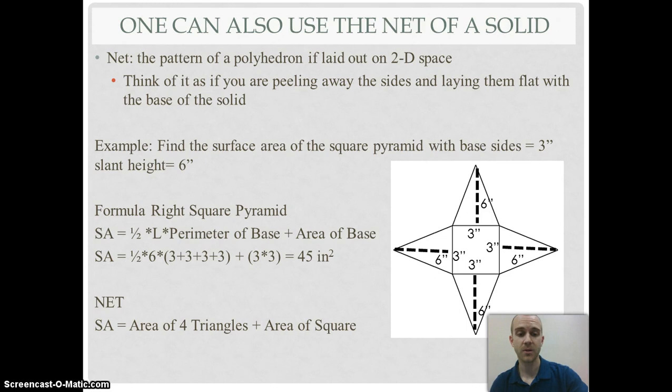I'm going to multiply it by 4 because I have 4 of the exact same triangle, and then I'm going to add on the area of that square. So 4 triangles times 1/2 base times height plus the area of my square. Again, that gives me 45 square inches. So whether I use a formula or whether I can figure out how to split it into the net, I should still end up with the same surface area.